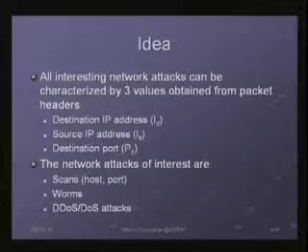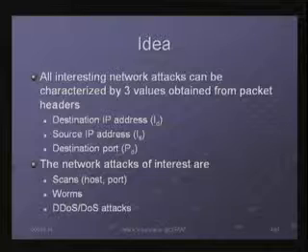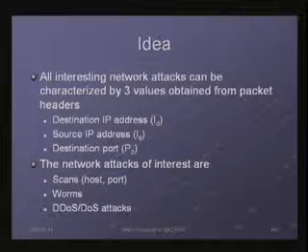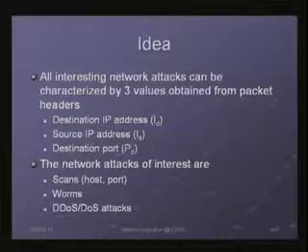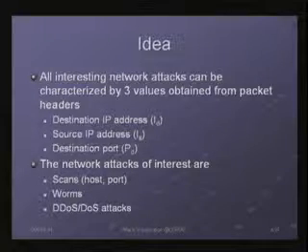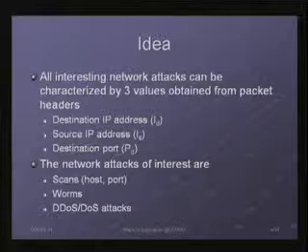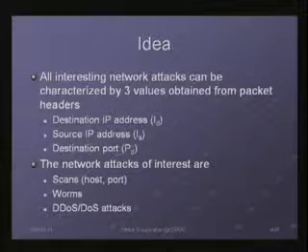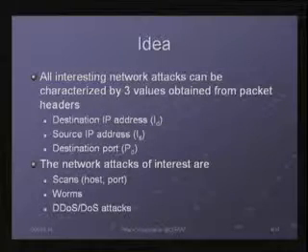Well, DOSes or DDoSes, if you look at that kind of attack, you will see that the source IP addresses are usually spoofed, meaning forged, in order to evade the traceback. If you look at scans or worms, you will mostly see that the destination port is fixed.